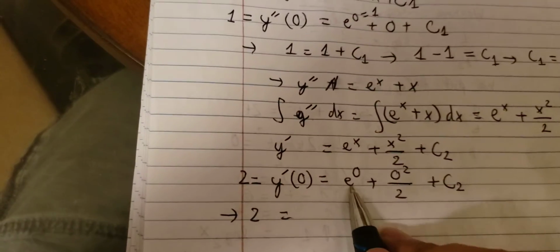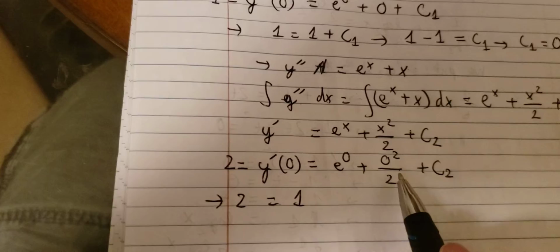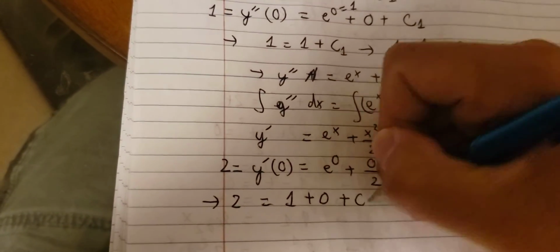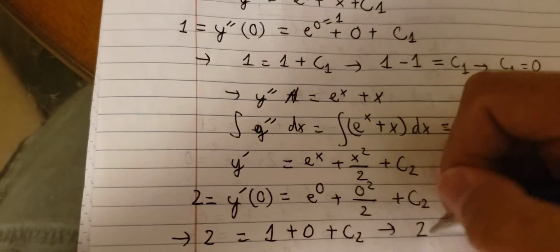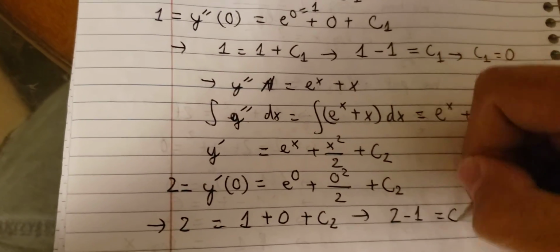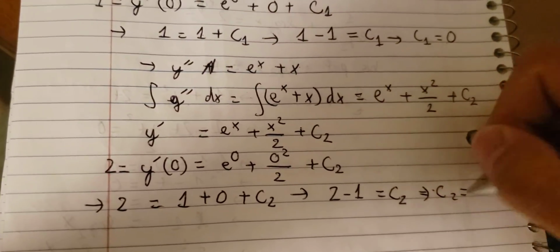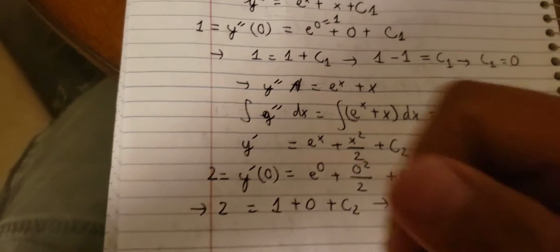We put 2 in here. This one equals 1. This one equals 0. So we can find c2. That should be 1. So we go back in here.